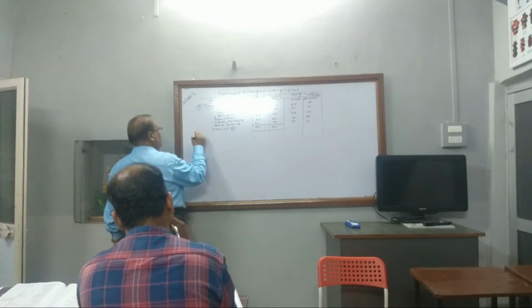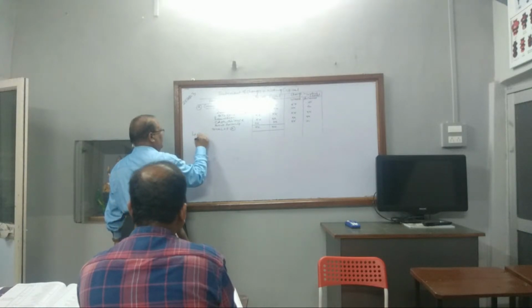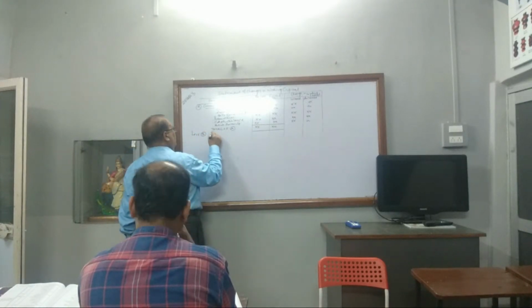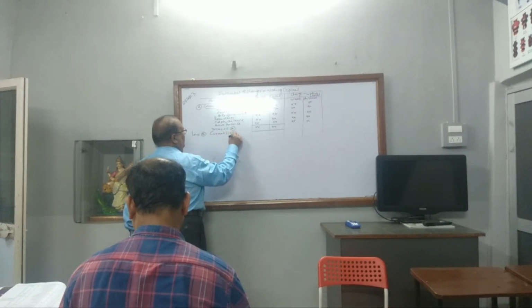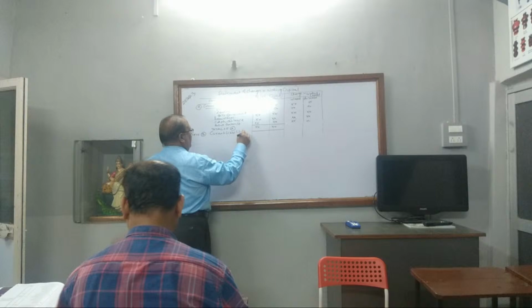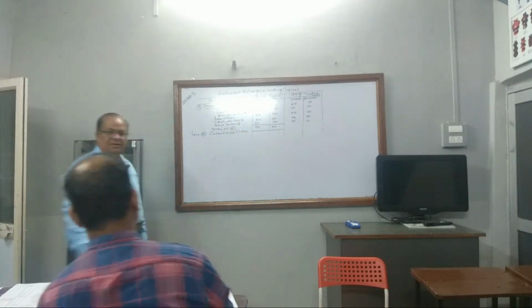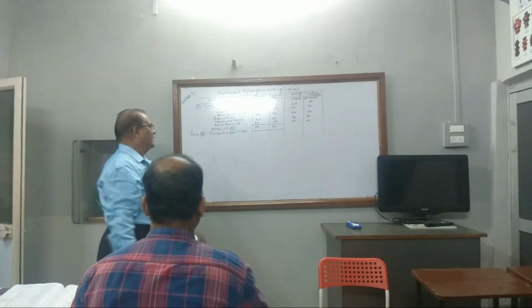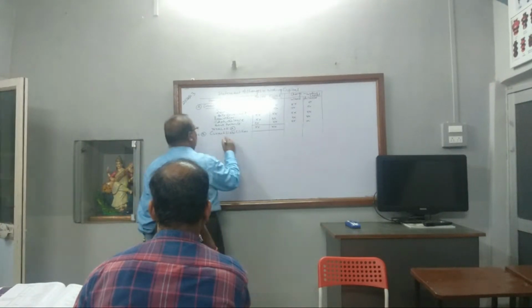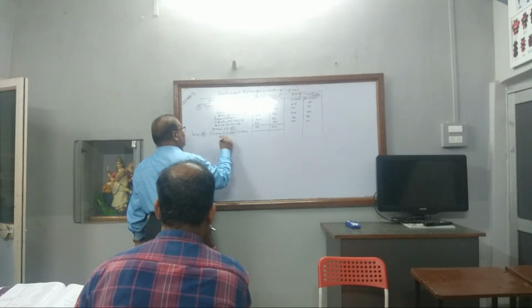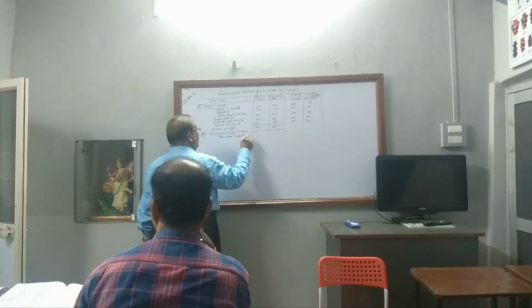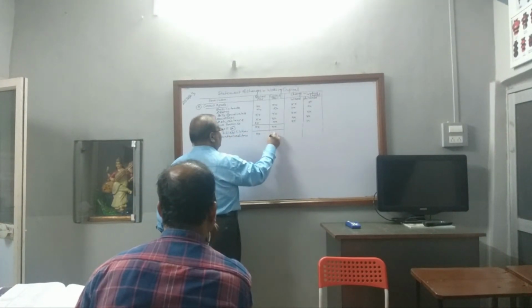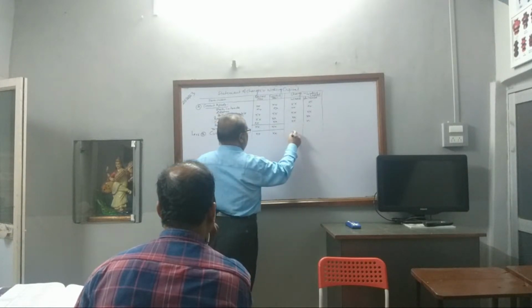Then B, current liabilities. In that current liabilities, first will be sundry creditors. You take here like this. Then you take here increase or decrease.